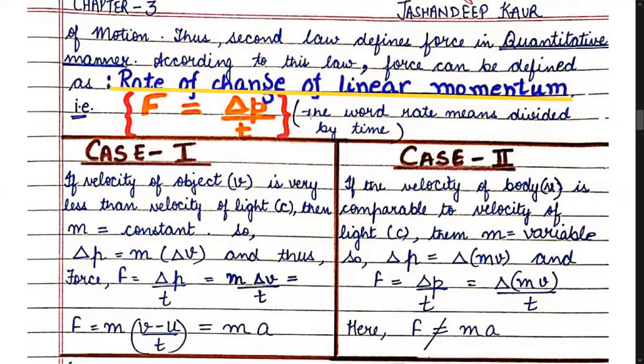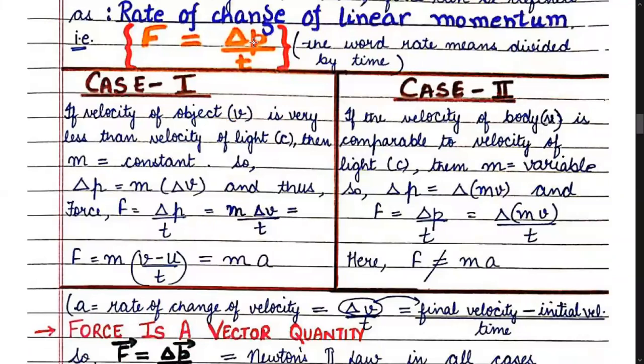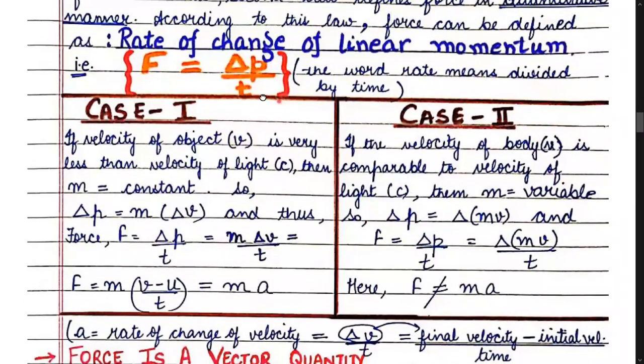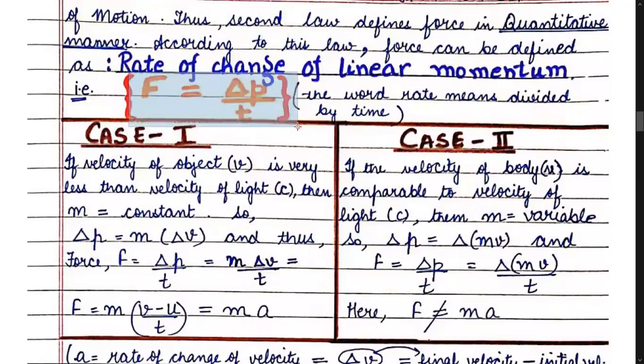According to Newton's second law of motion, force can be defined as the rate of change of linear momentum, children. And if we want to write it in symbolic form, delta P stands for change in momentum, and the word rate means divided by time. So this becomes the formula here, that force is equal to the rate of change of linear momentum. So F is equal to delta P by delta t.